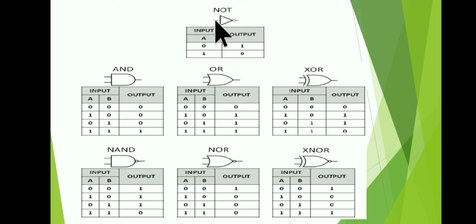This is the summary of symbols and truth tables for the gates given in this slide. So let's learn and verify all the logic gates truth tables using the CircuitMod simulator.